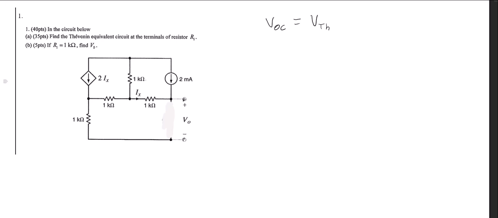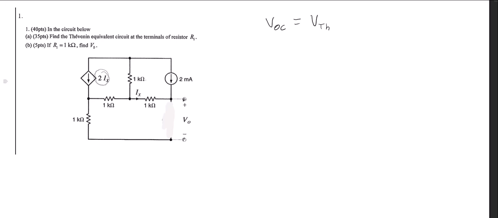So what I noticed was in this circuit, we had our dependent current source right here, 2Ix. And when this is an open circuit, you can see that there's no current coming down in this bottom branch. There's no current there at all.